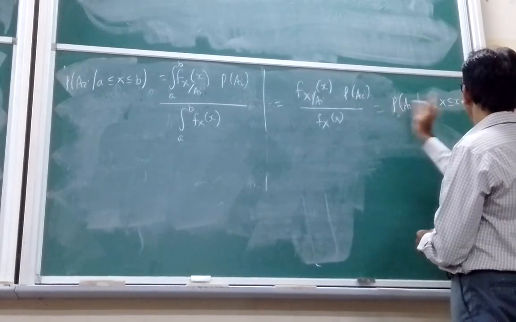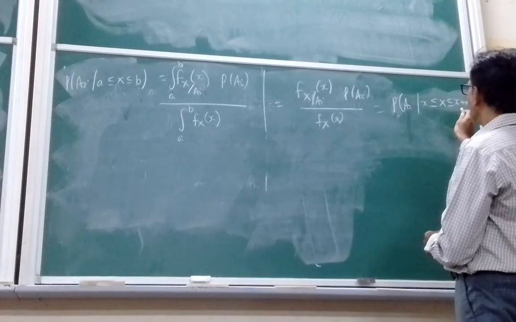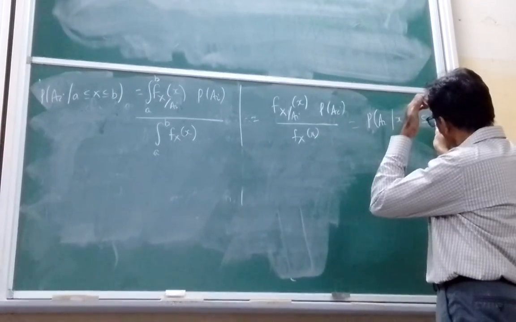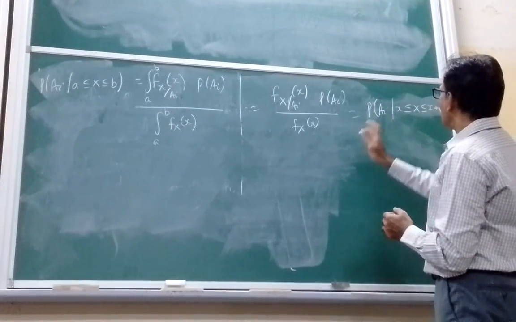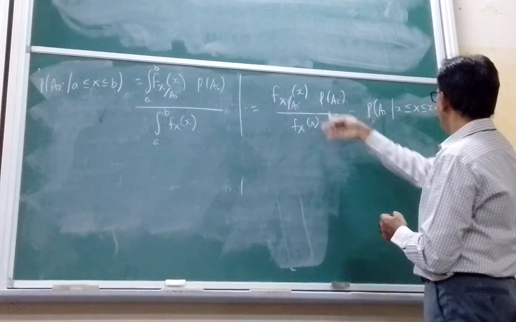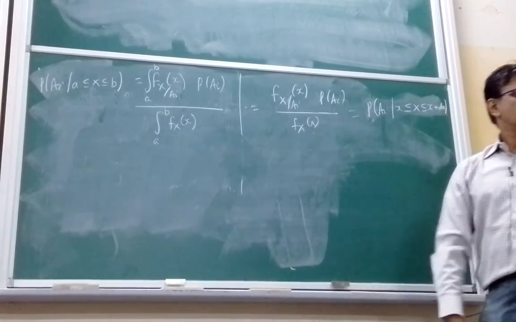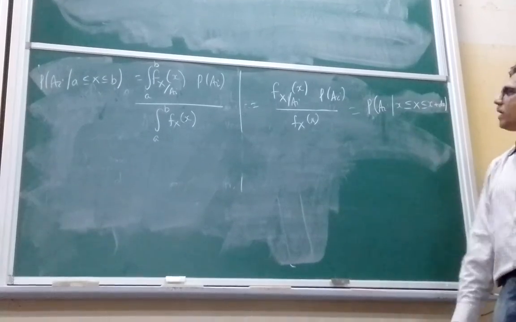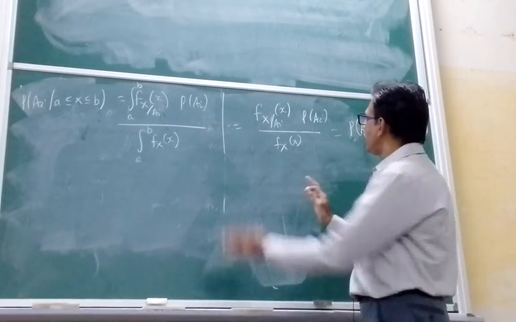Here I can put dx, then it will become the same probability. I can put dx, then it will translate to the probability. So we can always write it in this manner.